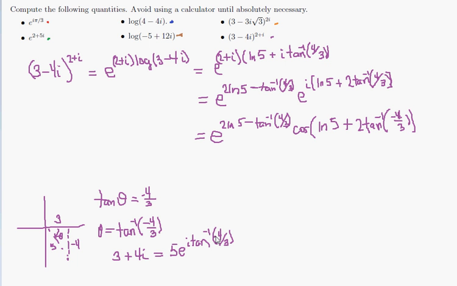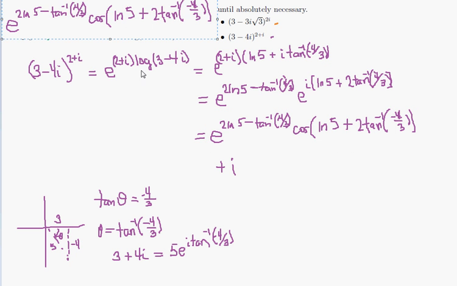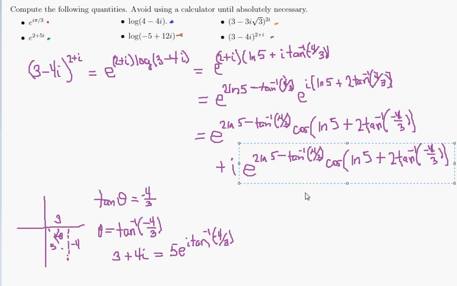This is minus 4/3 here, and minus 4/3 there and there, and minus 4/3 here. So I apologize for that. And then plus i times pretty much the exact same thing, except that instead of cosine, I have sine. And so this very complicated expression would be 3 minus 4i raised to the 2 plus i.